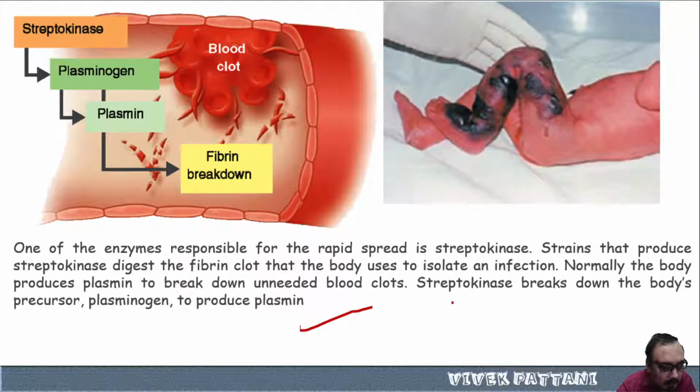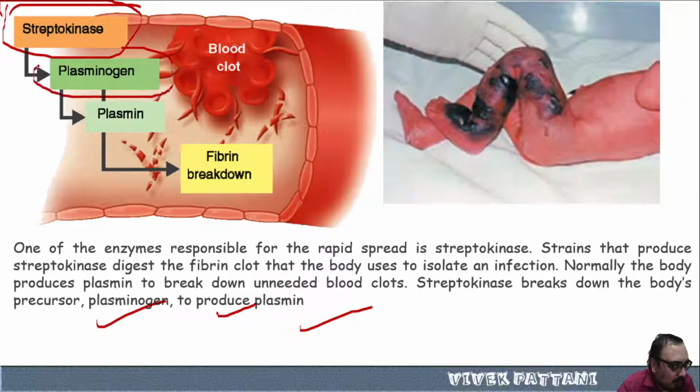Streptokinase combines with the body's precursor plasminogen and converts it into plasmin, and this plasmin breaks down the fibrin, thereby dissolving the layer which acts as a protective layer for the body to stop the infection.